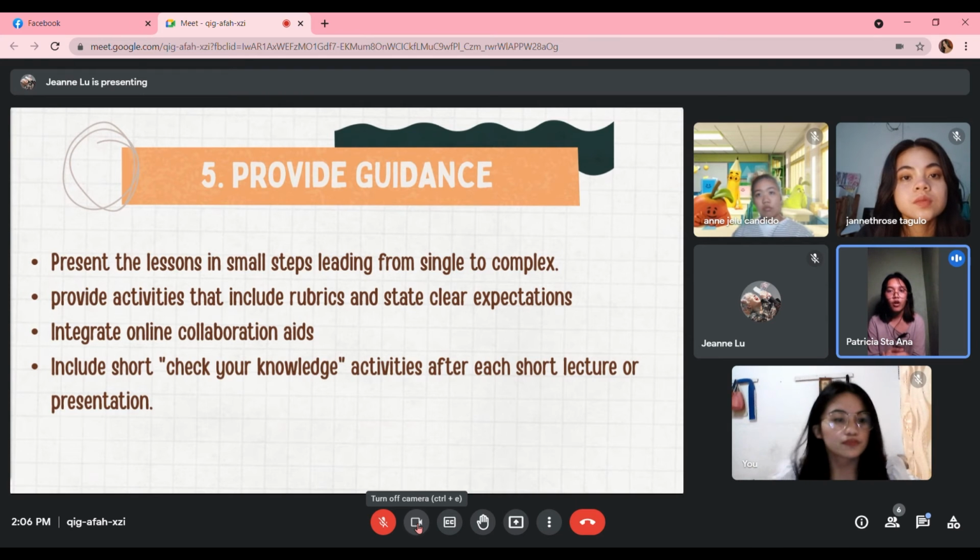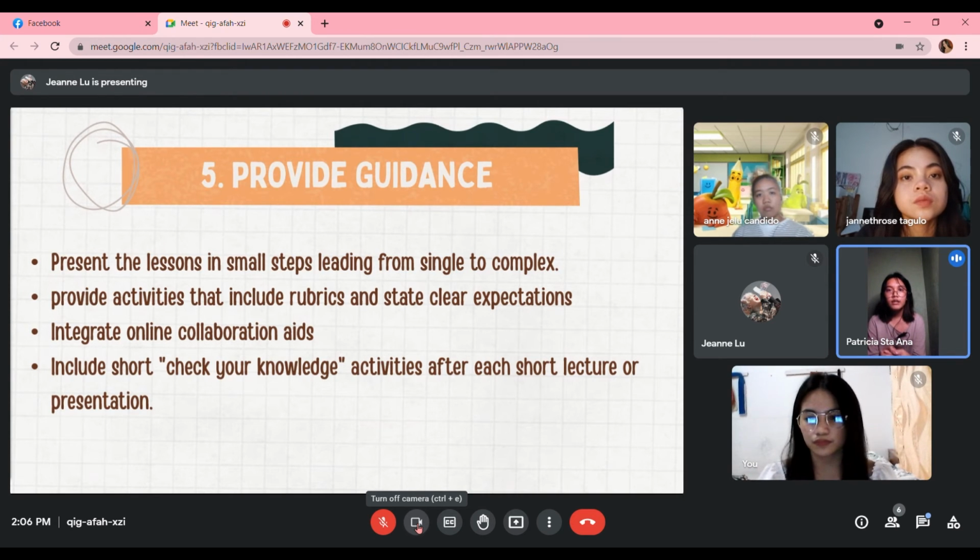what they are learning. So in providing learning guidance, there are actually different ways to provide it.